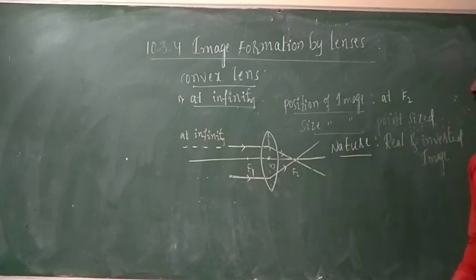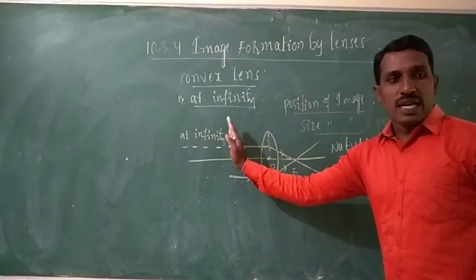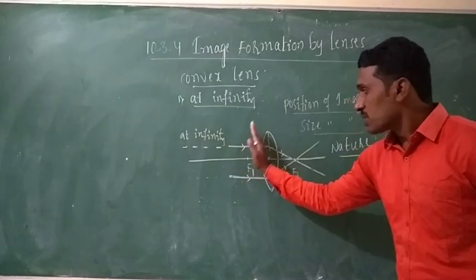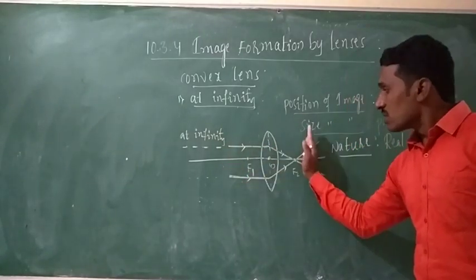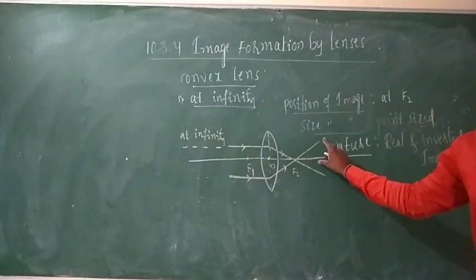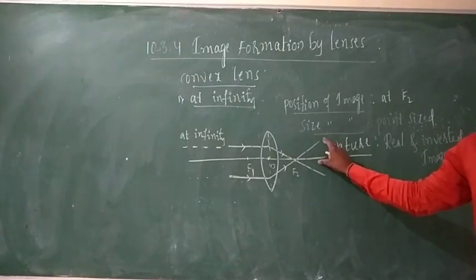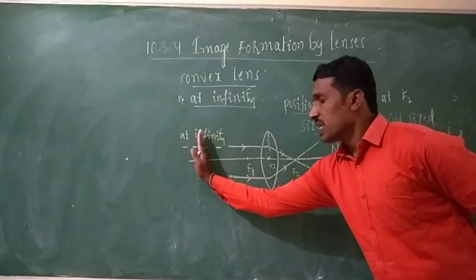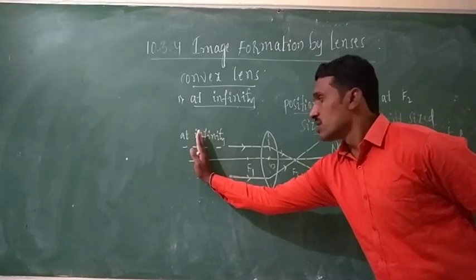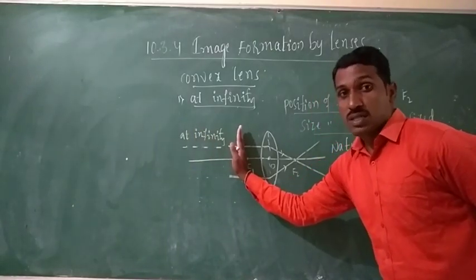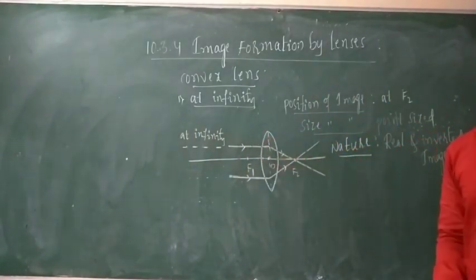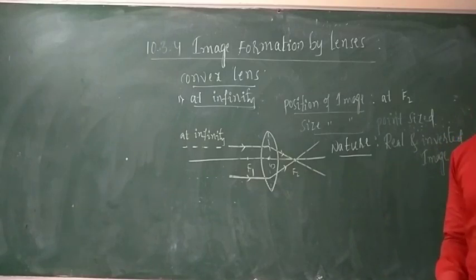Students, you have to remember, if the object is on the left side and the image forms on the right side or other side of the lens, the image is called a real and inverted image. Suppose the object is on this side of the lens and the image also forms on this side, then we can call that kind of image a virtual image.